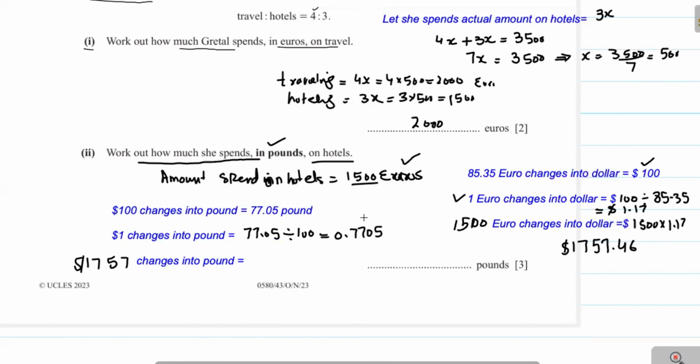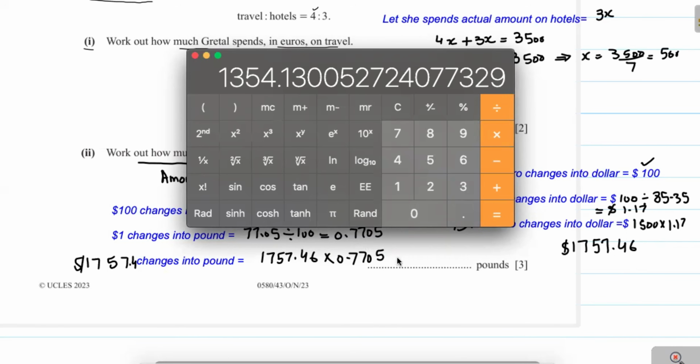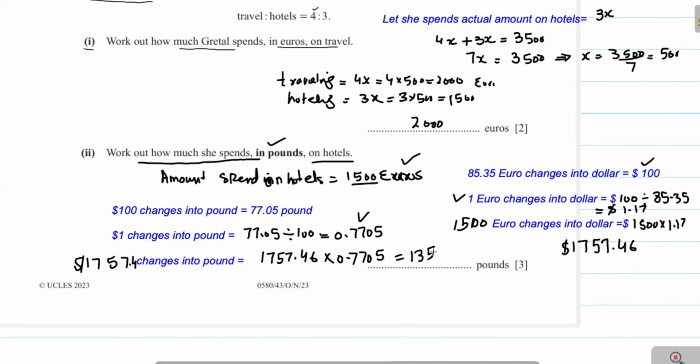You see here $1 equals 0.7705. Therefore, 1757.46 multiplied by 0.7705 will be equal to 1354 pounds, and this is the answer.